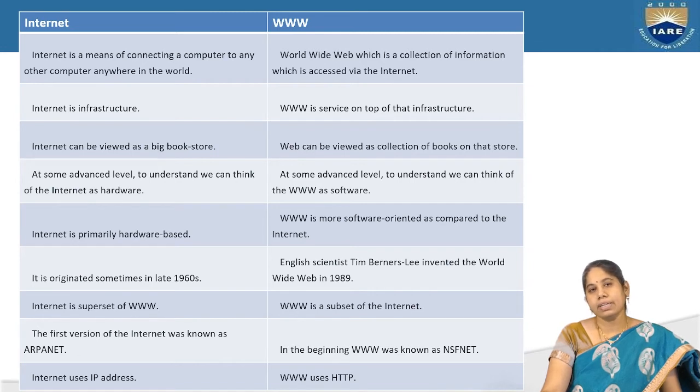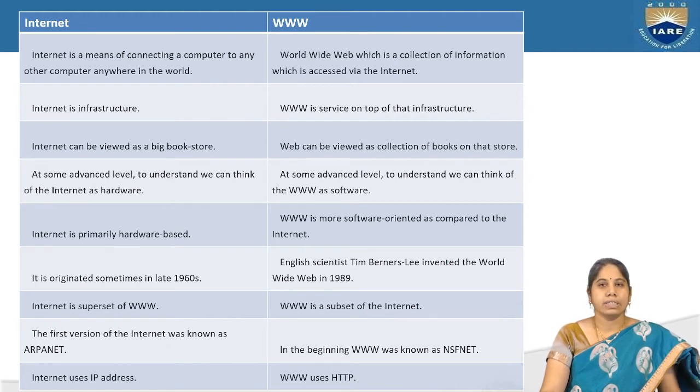At a more advanced level, the internet is thought of as hardware and WWW is thought of as software. The internet is a hardware-based application and WWW is software-oriented compared to the internet. The internet came up in the late 1960s, and the World Wide Web was established in 1989, developed by Tim Berners-Lee.